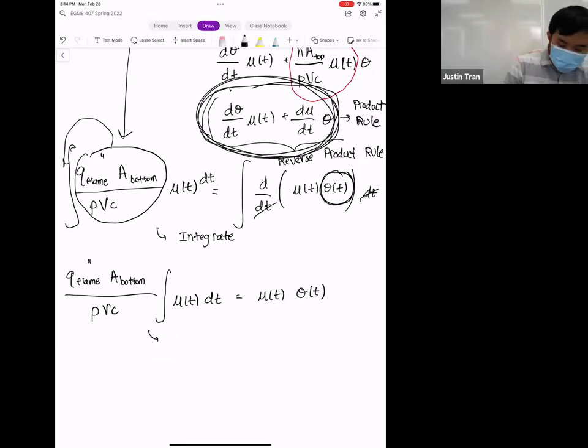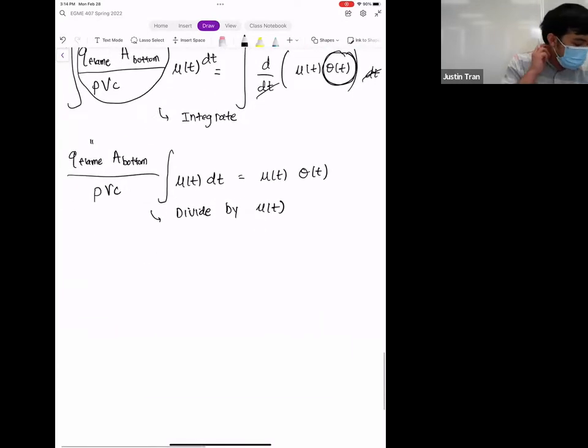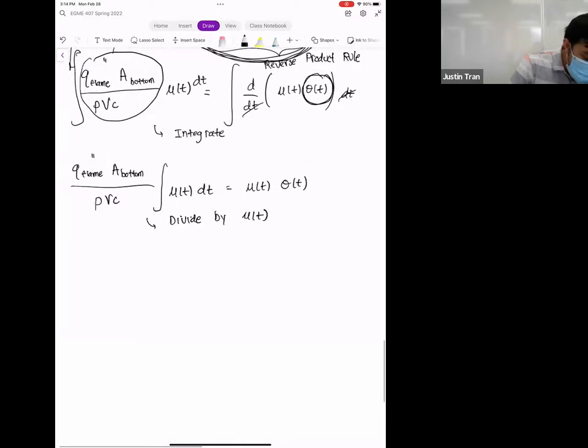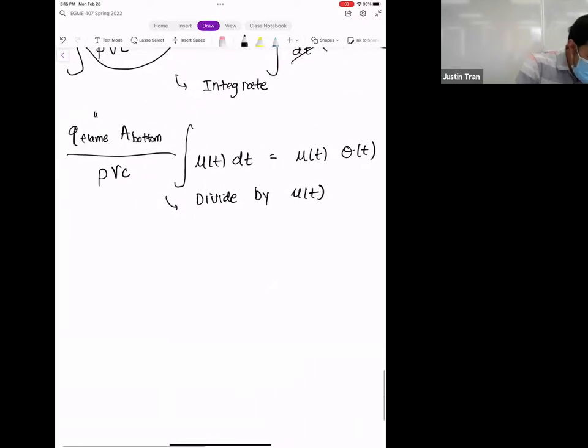To isolate theta of t, we're just going to divide both sides by mu of t. I'm going to go ahead and flip this around so theta of t is on the left.